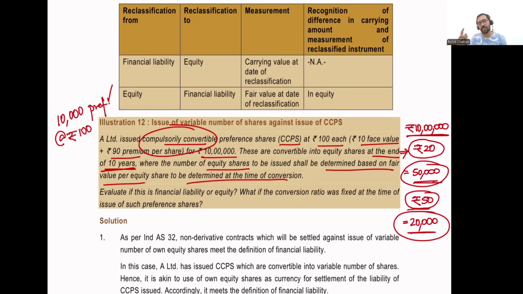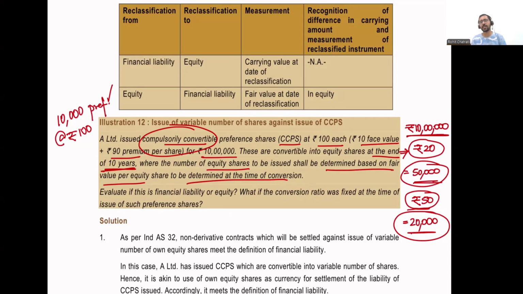Whatever the fair value of the equity share is at that time, depending on that, I will know the number of equity shares I am supposed to issue. Therefore, in this case, A Limited has an obligation to deliver a variable number of equity shares.